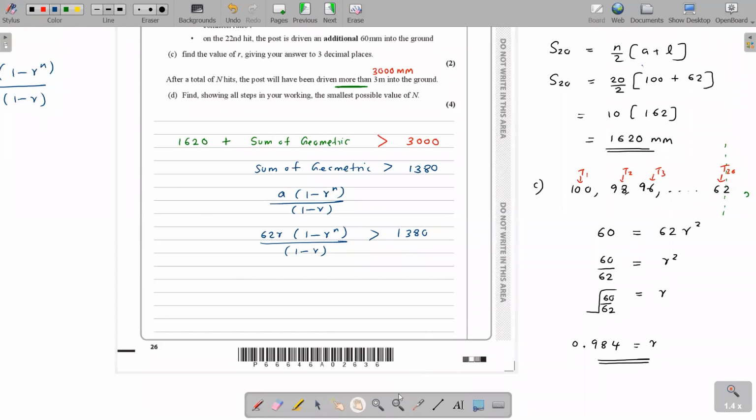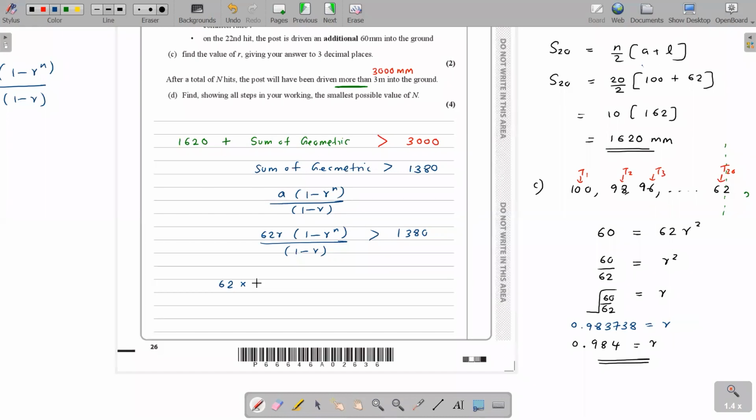Okay, let's input the r value. 62 times r. Can I have a little bit more extra significance in the r value? The more we use for r, the better. Can I have a better r value? 0.983738.